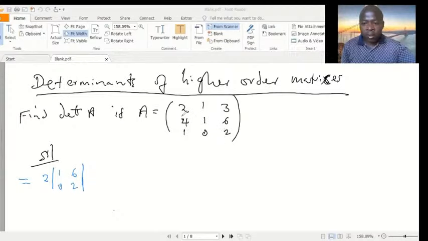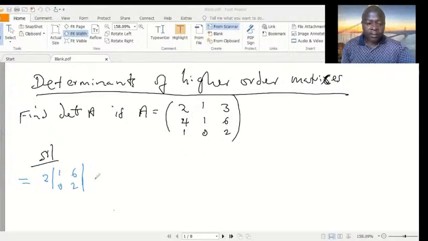So you just choose what you want and do along that. So I've chosen this row, and the first element in this row is 2. So I multiply 2 times the determinant of the matrix that remains when you delete the row of 2 and the column of 2. The matrix that remains is 1, 6, 0, 2.